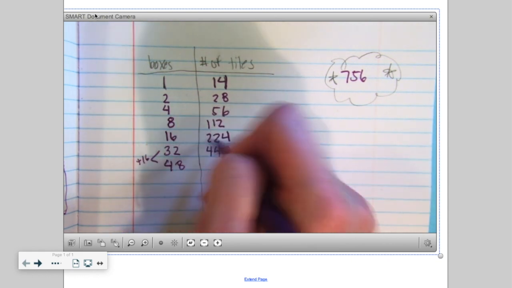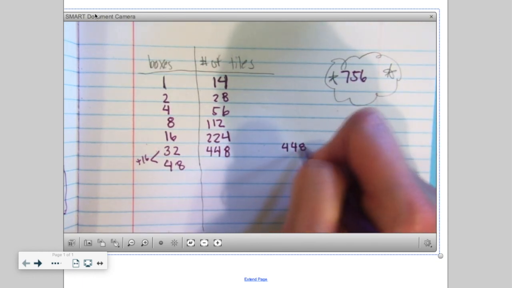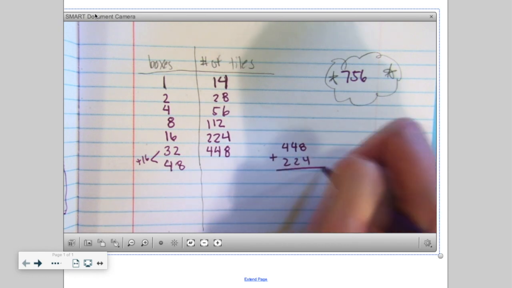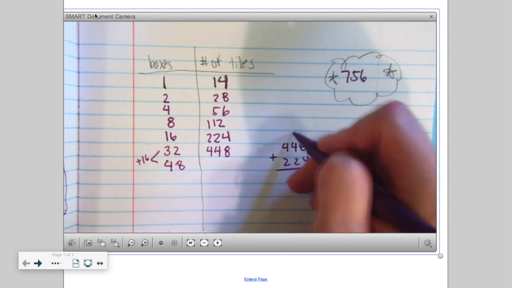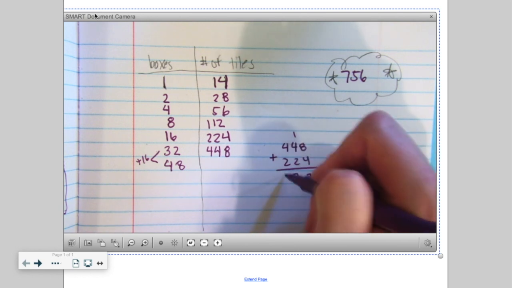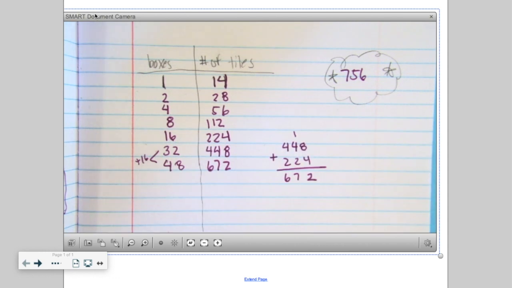Whatever the 16 is equivalent to in my table, I can just add it up. So 448 plus 224 is 672. Okay, I'm inching up there. I'm getting closer.